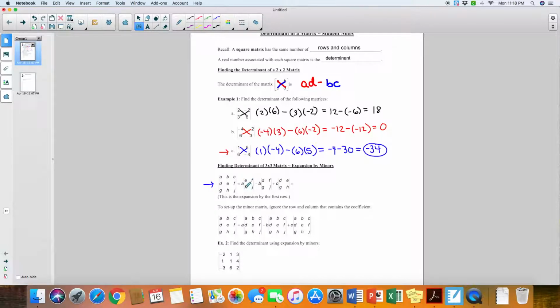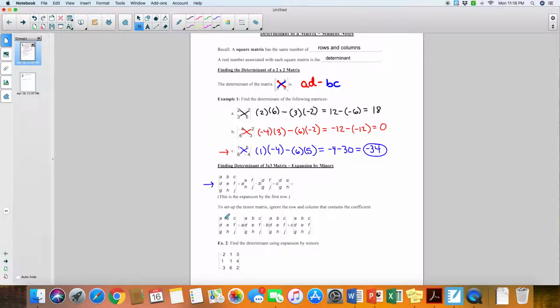So you would take A and multiply it by its minor. Then you would take the difference of B multiplied by its minor, and then you would add C multiplied by its minor. Next I'm going to show you how you get those minors.